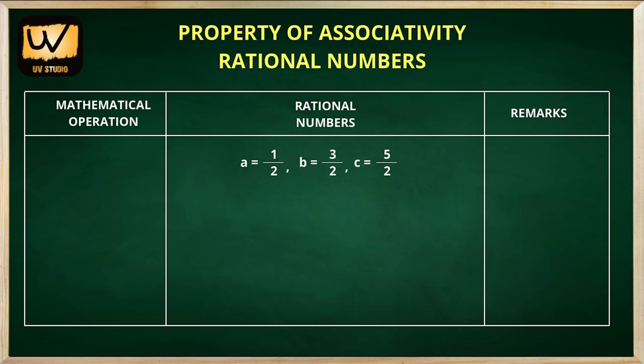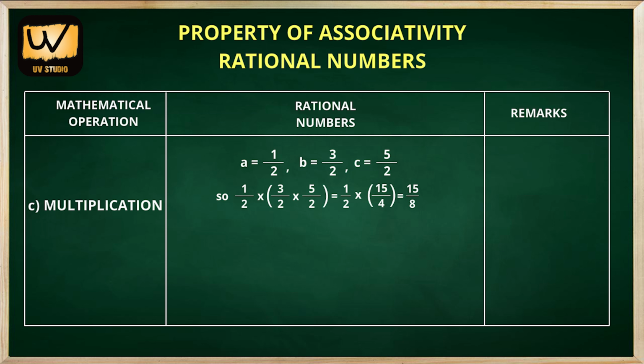Let us take the third property, friends. The third operation is multiplication, and the numbers are A, B and C, with the same values: 1/2, 3/2 and 5/2 respectively. Let us go to the LHS. 1/2 into (3/2 into 5/2) will be equal to 1/2 as it is, into the bracket: 3 fives are 15, 2 twos are 4. That gives 15/8, that is the LHS.